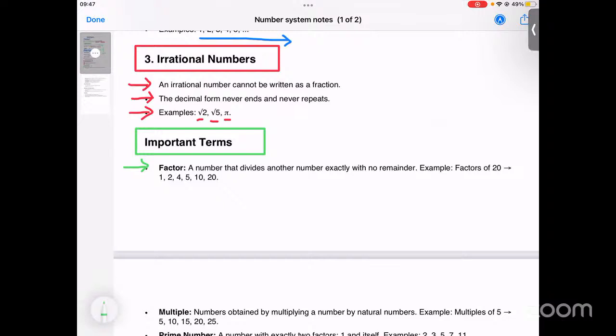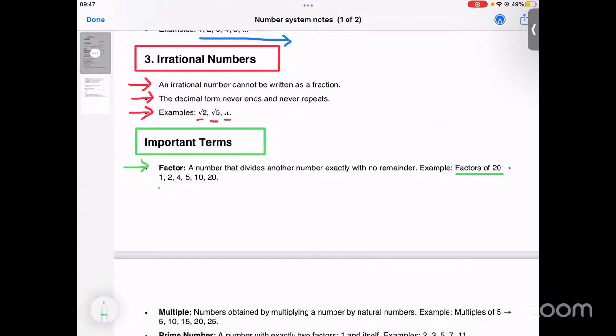An example would be factors of 20. When we talk about factors of 20, it is 1, because when you say 20 divided by 1, it gives you a number without a remainder.